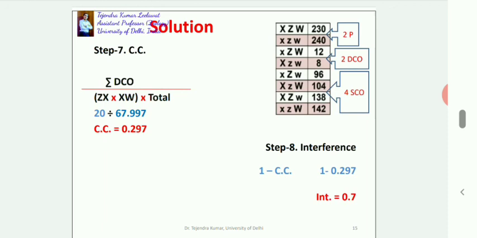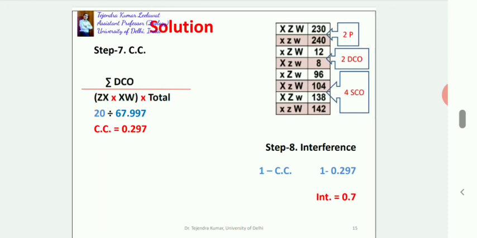Okay, and the last one is interference. Interference is very easy and simple. You just subtract the coefficient of coincidence value from 1, so 1 minus 0.297, and it will give you about 0.7.